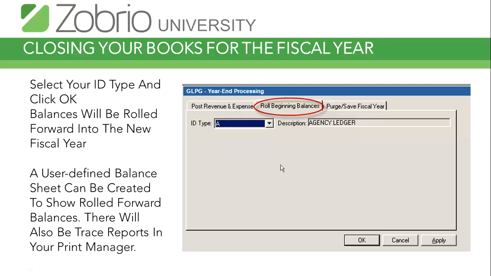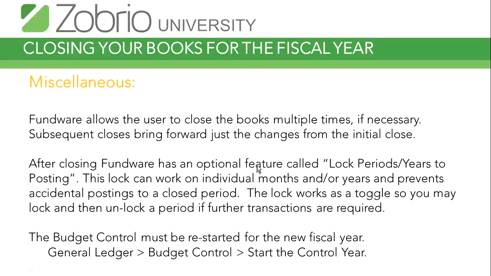Okay, now from here, what we want to talk about is a little post-close activity. Once you've gone through and closed your books, a couple things to consider is Fundware does have a function called lock periods and years to posting.